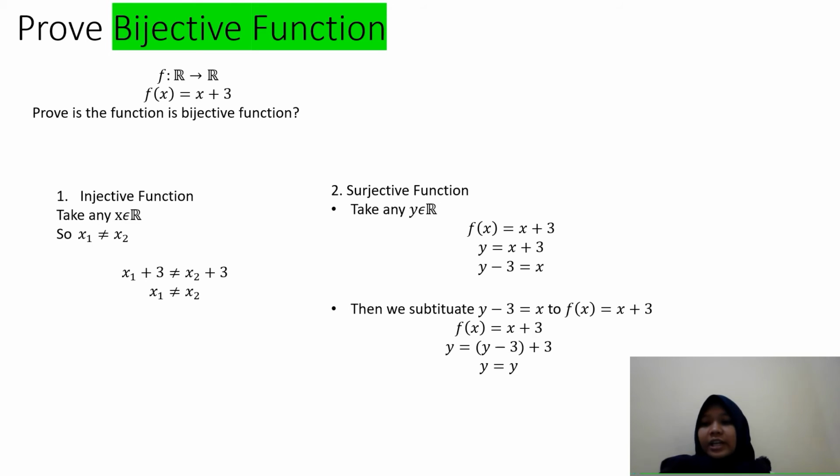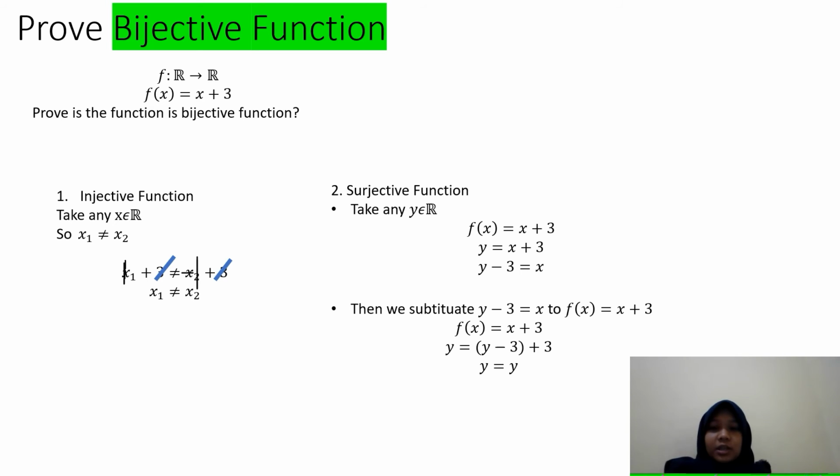So first, we take any x element of R. So x1 not equal to x2. Then we got x1 plus 3 not equal to x2 plus 3. We can eliminate the 3, and then we got x1 not equal to x2. And if you want to change it into numbers, like x1 is 1 and x2 is negative 1, I hope you can see it.